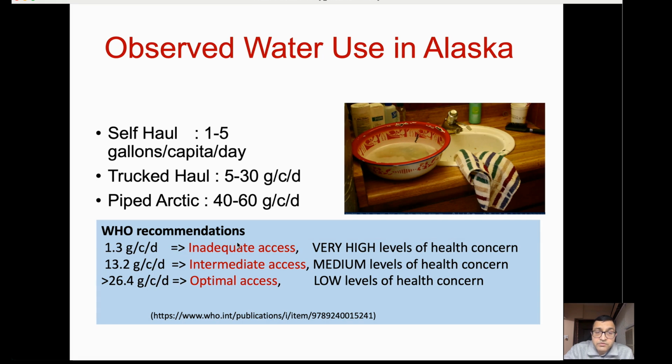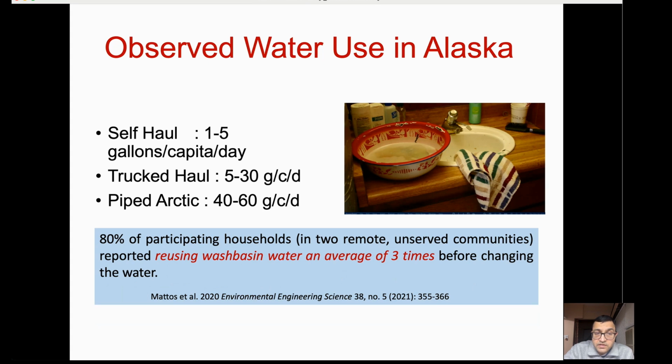And then you can see the WHO recommendation of about 25, or 26.4 to be precise, gallons per capita per day for optimal access and low levels of health concern. So with self-haul, you're not meeting that at all, but with trucked haul, you're barely meeting the levels recommended by the WHO.